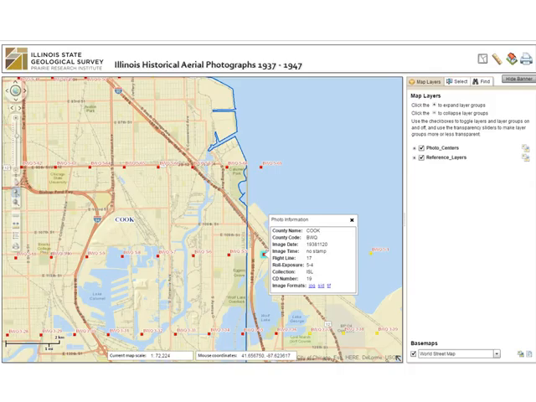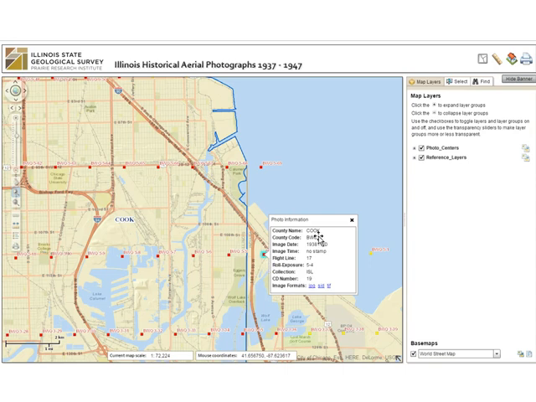So here's an example of an index that is used by the state of Illinois to index these images, and you can see flight lines here with center points of images from this period, and you can also see some of the metadata associated with a particular image.